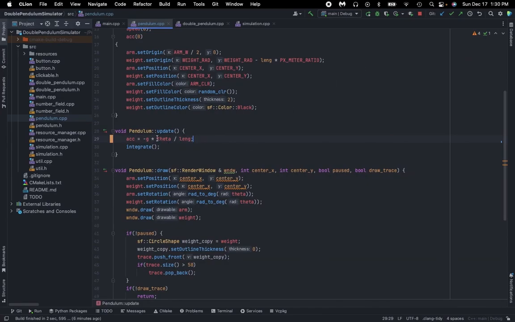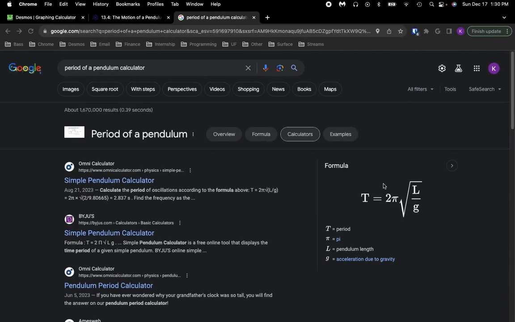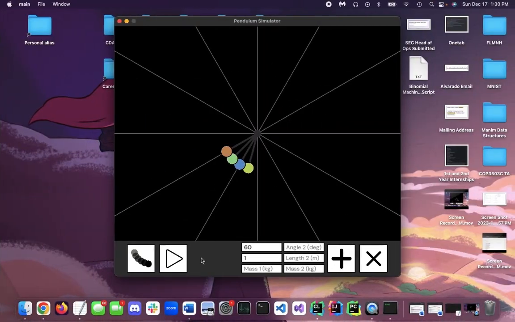But if we rerun the program using the small angle formula, negative g theta divided by L, which is what's used for this period calculation, and we play, then the pendulums will actually be perfectly synchronized. So it's not the error in the numeric integration.